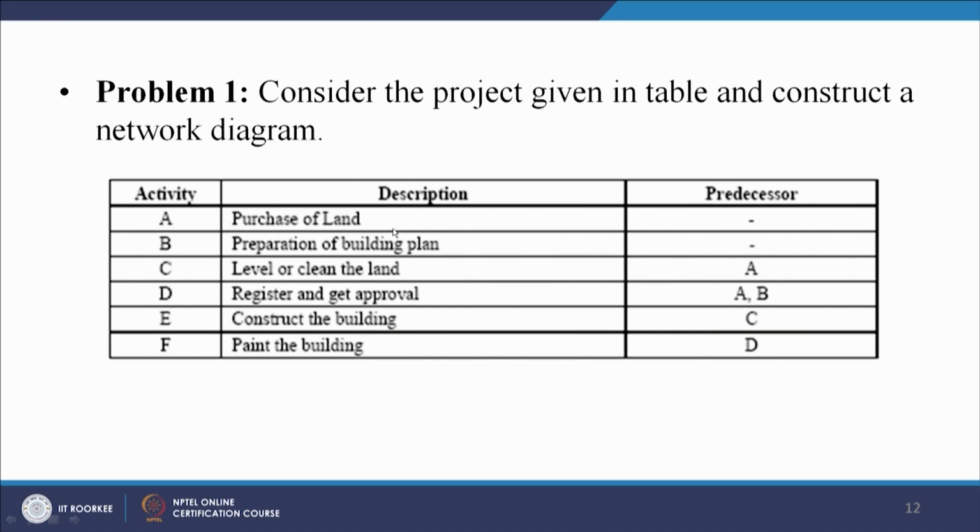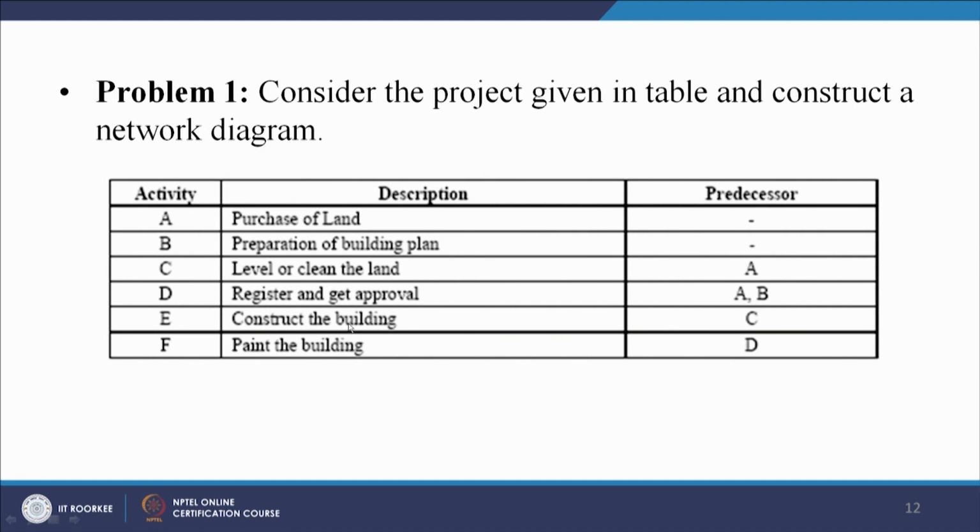Purchase of land has no predecessor, preparation of building plan has no predecessor, level or clean the land has got a predecessor A. You can only level or clean the land once you have purchased that land. Similarly, for register and get approval, A and B are a must. You must have purchased the land, and the preparation of the building plan has to be ready when you get registered and get the approval.